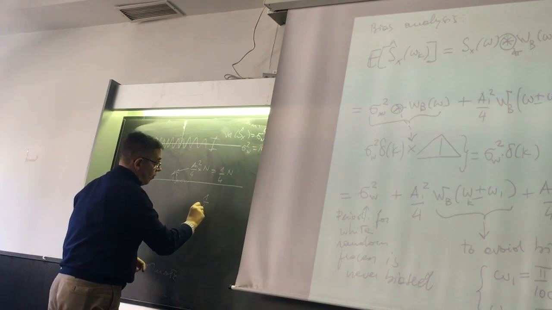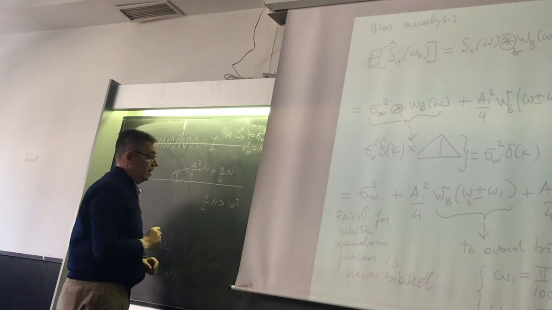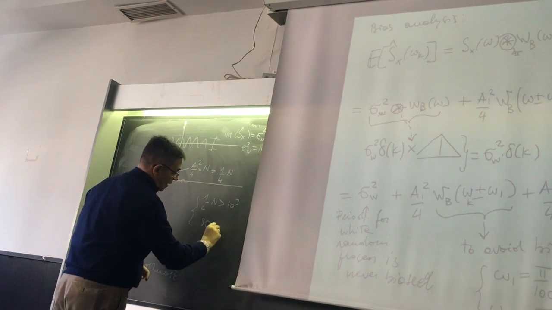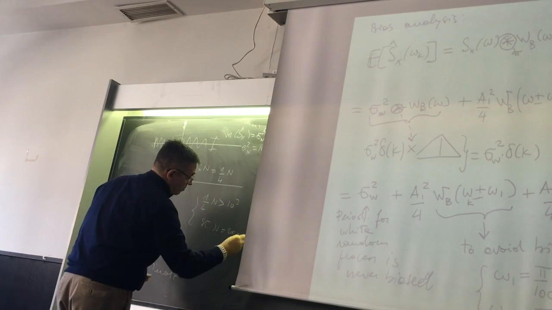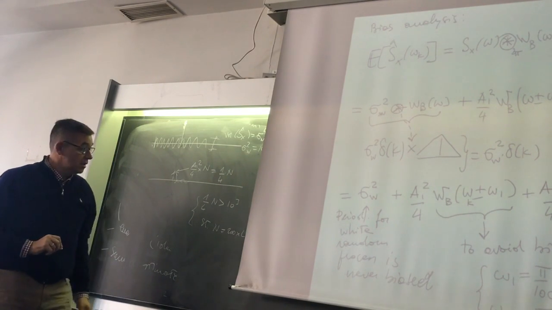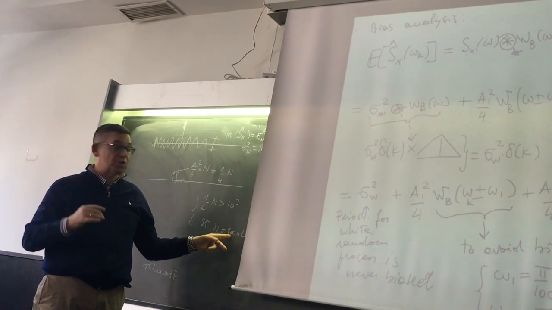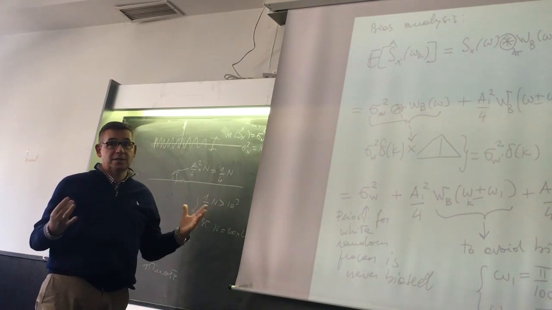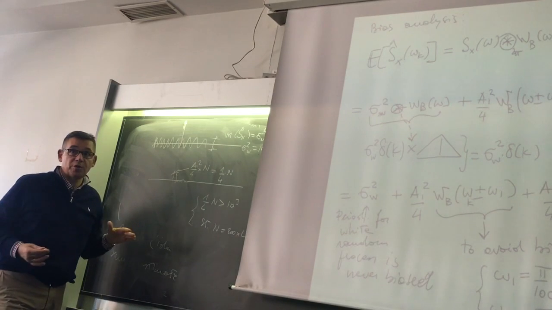So if 1/4 times n is larger than 10 to the power 3, subject to the constraint that n is 200 times capital L, an integer multiple of 200, then I see the sinusoid, which means the sinusoid is bigger than the floor of the noise.